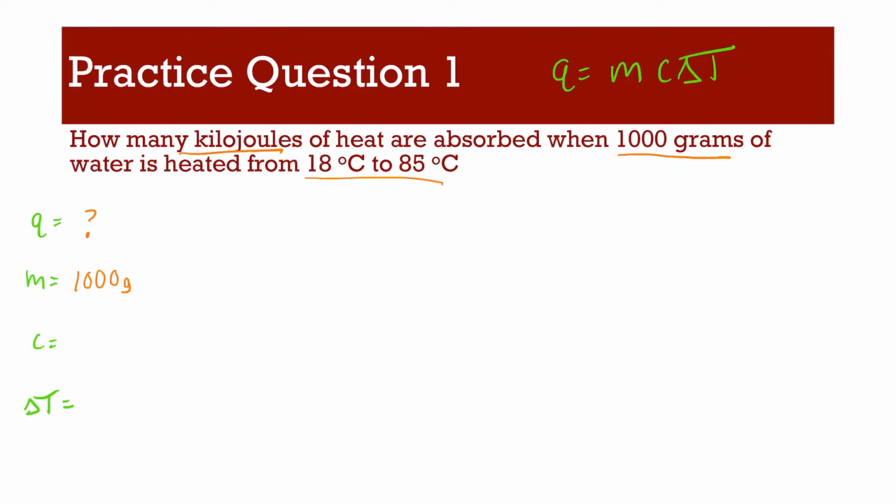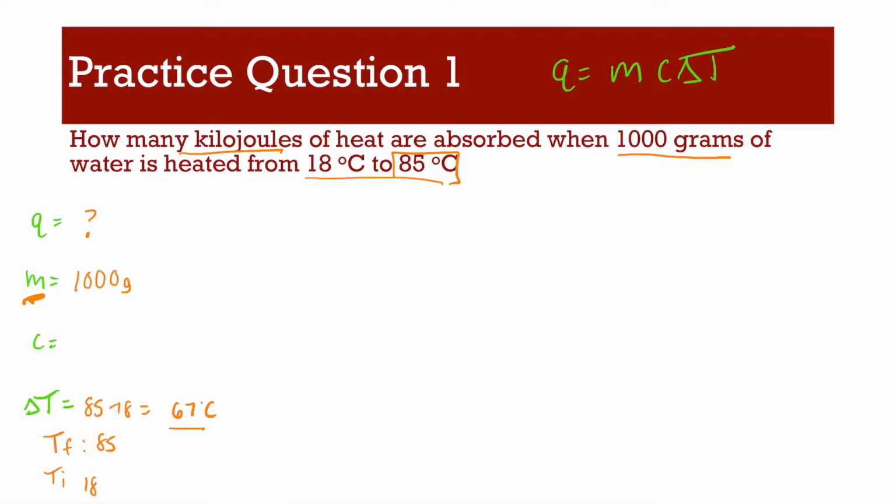Now, at this point, we're technically only really given mass, but remember, we know delta T is T final minus T initial, and so our final temperature is 85, our initial is 18, so our delta T, our change in temperature, is 85 minus 18, which is 67 degrees Celsius.